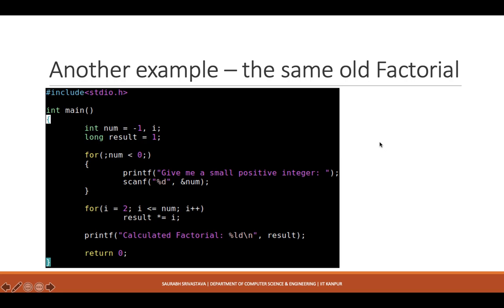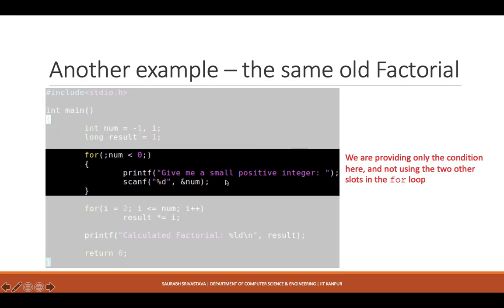So this is one more example of a for loop. We have already created the factorial program using while and do while. So for the sake of completeness, this is just doing the same thing using for loops. I have two for loops here. The first one is basically the equivalent of the do while loop in the previous lecture that we saw, and you can see that I am not using two slots here.